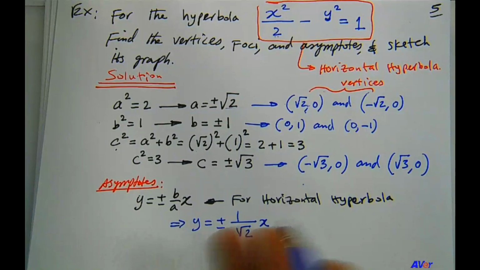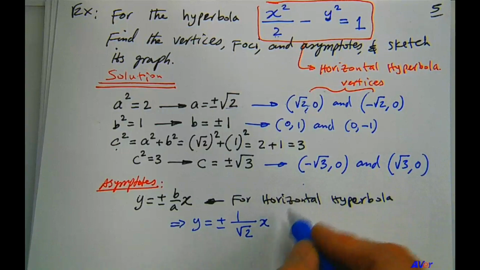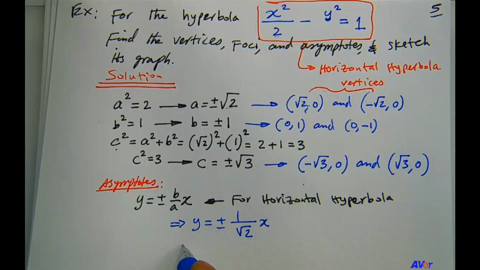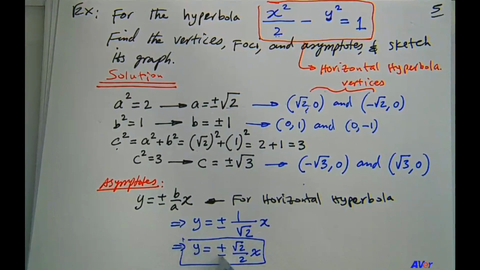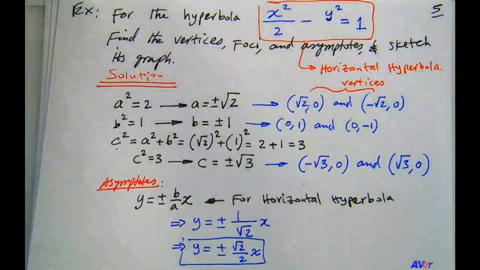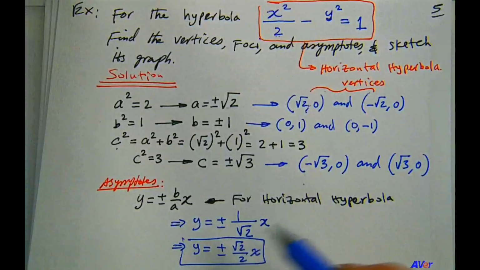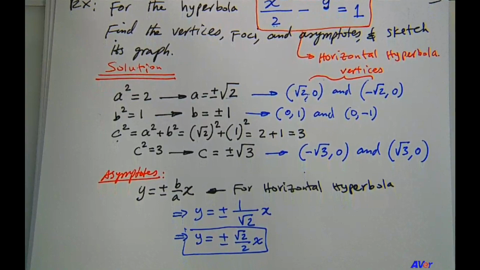But in math, we want to rationalize the denominator as always. So we have y equals plus or minus square root of 2 over 2 times x. That's the equations for both asymptotes. The negative one is the asymptote sloping downhill, and the positive one is sloping uphill, going from left to right.